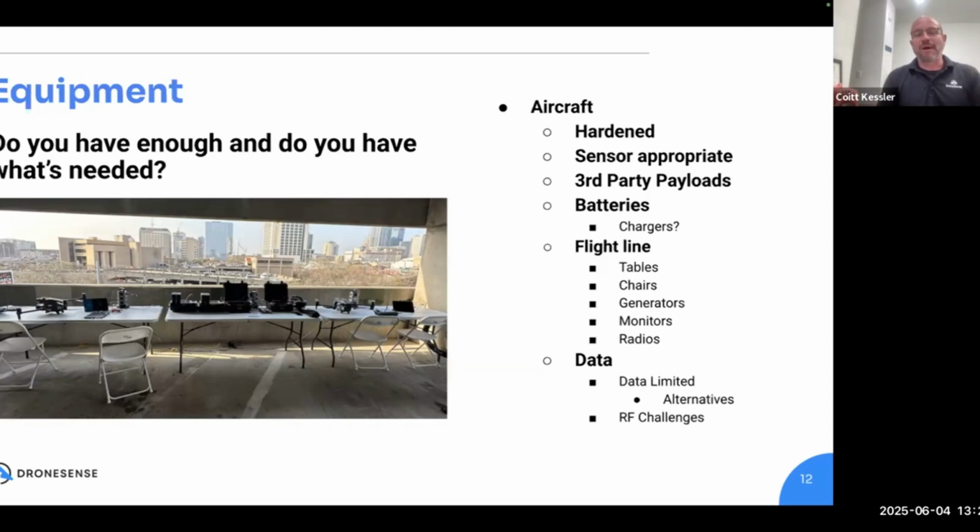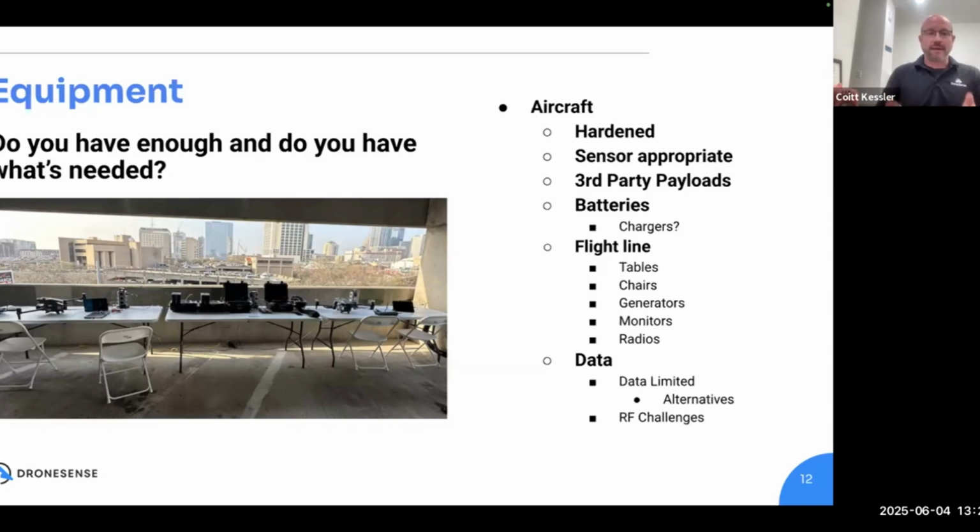You would be so surprised how many people show up at these disaster events just wanting to stand with their controller, and we all know how long that lasts. So if you're going out the door, and we're going to talk about a mission ready package and what that can look like for you, make sure you have the super simple things like tables and chairs. This is a disaster; I'm going to be out there a long time.